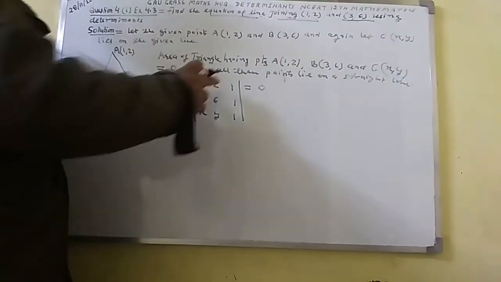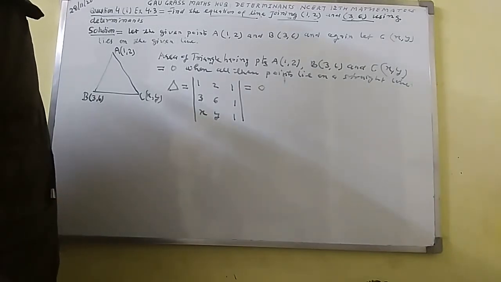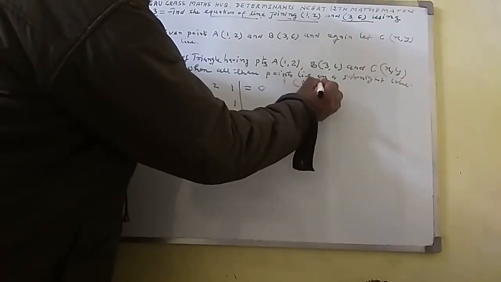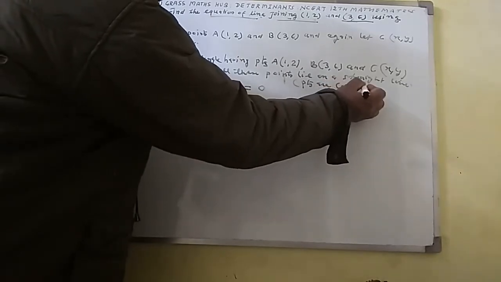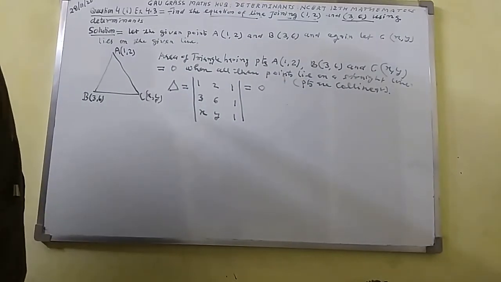If all these points lie on a straight line, this means that all these points will be collinear. If points are collinear, then the area of the triangle comes out to 0.